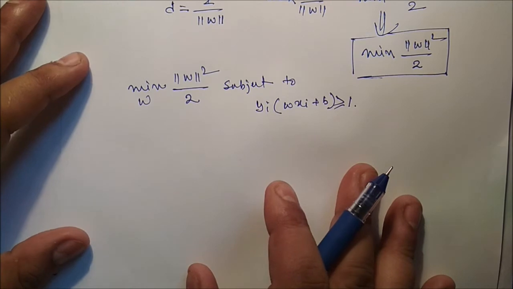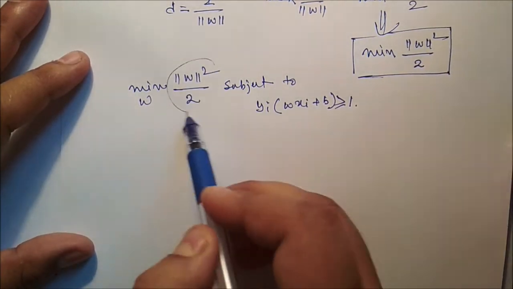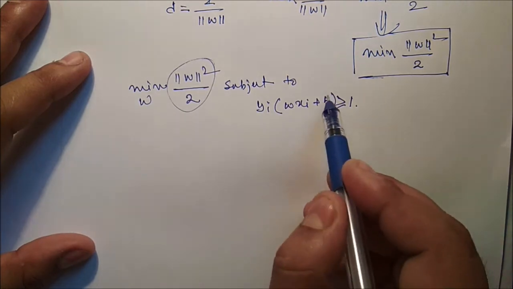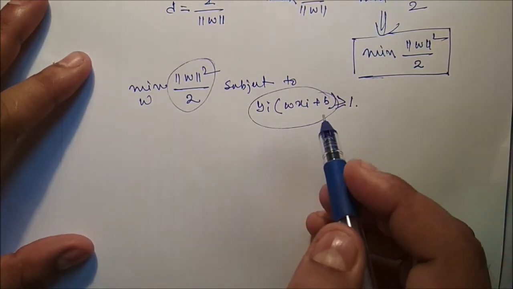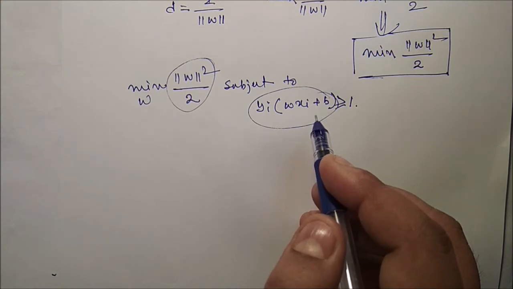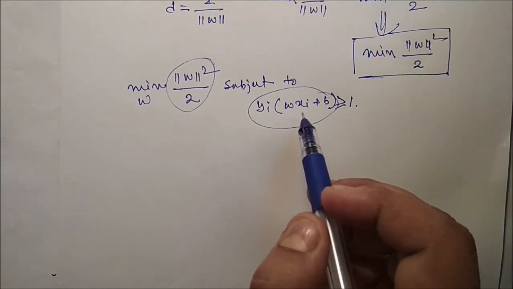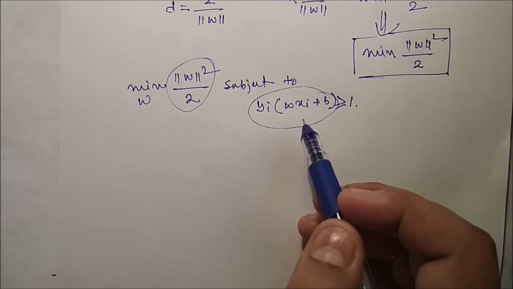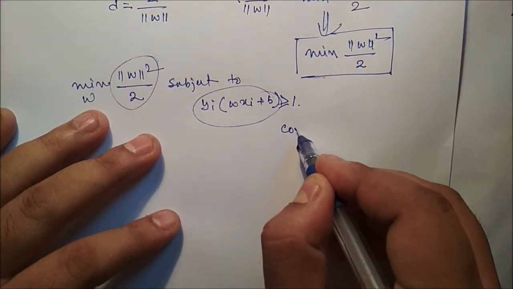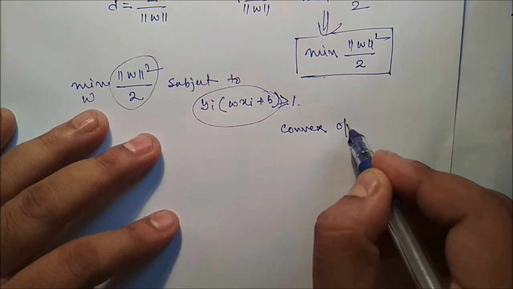Here the objective function is quadratic and the constraints are linear in the parameters w and b, hence it is a convex optimization problem.